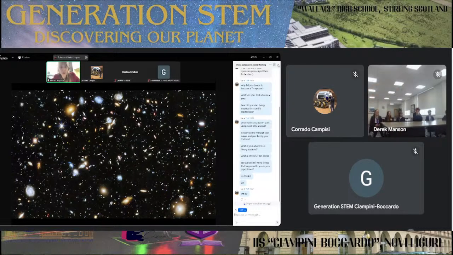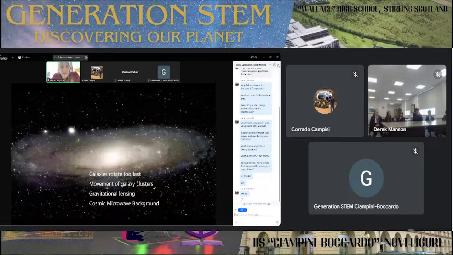So that's where the interest of contemporary physics, astrophysics, and cosmology goes. Because what we know is that galaxies rotate too fast for this rotation to be justified by what is observable today. Also, the movement of galaxy clusters is too fast.